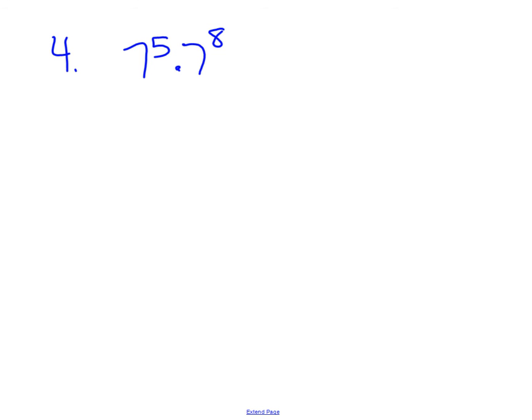So this is the same as 7 raised to the 5 plus 8th power. So 5 plus 8 is 13. So 7 to the 5th times 7 to the 8th is exactly the same thing as 7 to the 13th. Very good. And that's it.